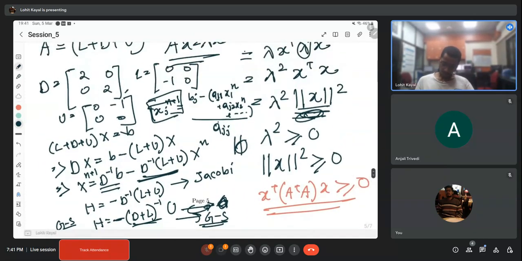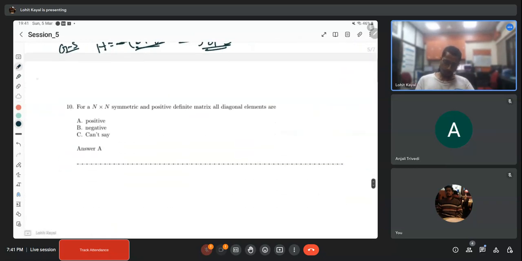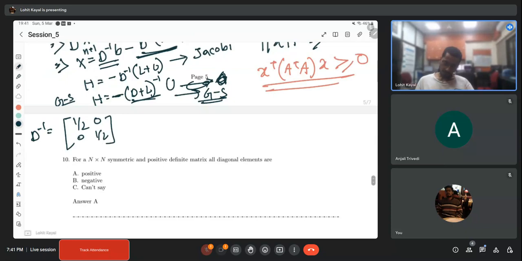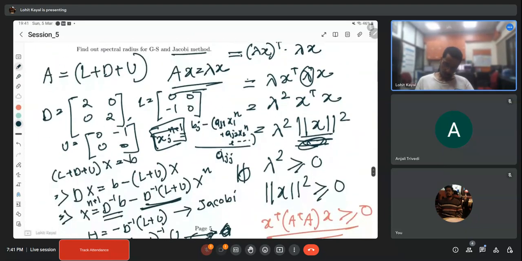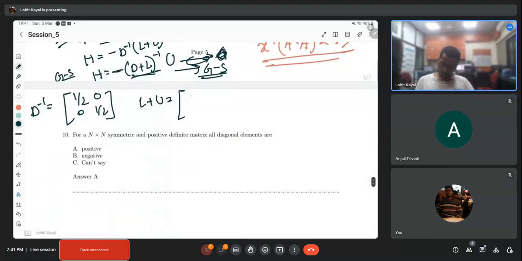Now for the Jacobi method, D, L, U are written over here. Now what is D inverse? D inverse is very easy. D inverse is just half 0, 0 half. And what is L plus U? L plus U is 0, minus 1, minus 1, 0.